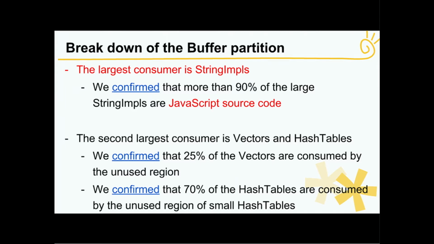And we confirmed that 70% of the hash tables are consumed by the unused region of small hash tables. Actually, the initial capacity of a hash table is 8, and normally only 1 element is stored in that hash table. So 7 elements are wasted. So it is increasing that wasteful number.